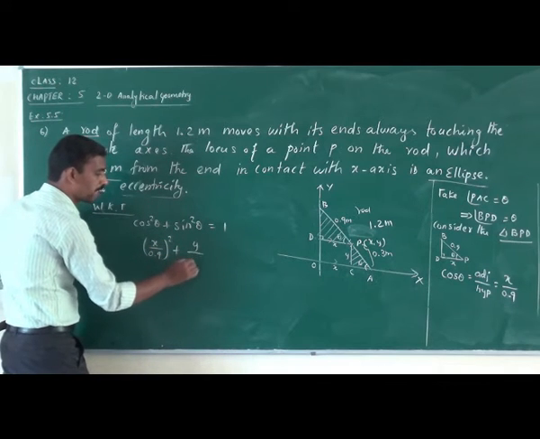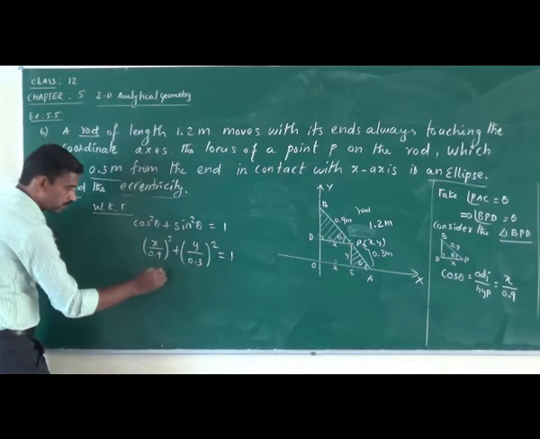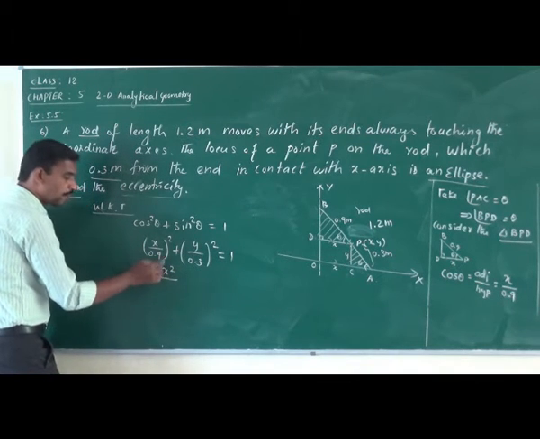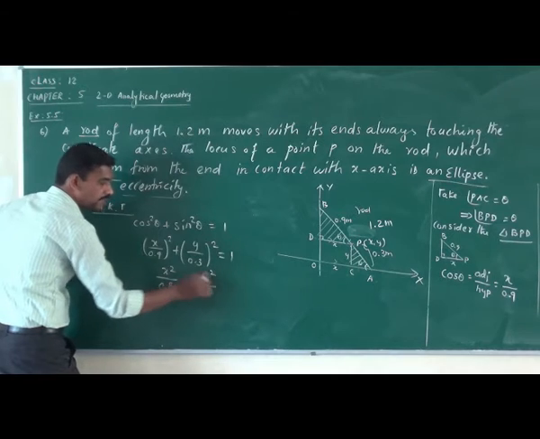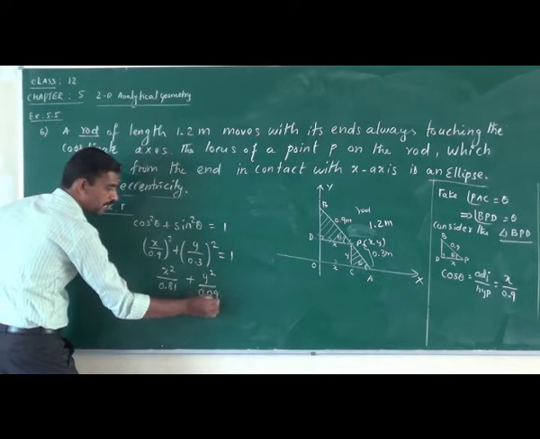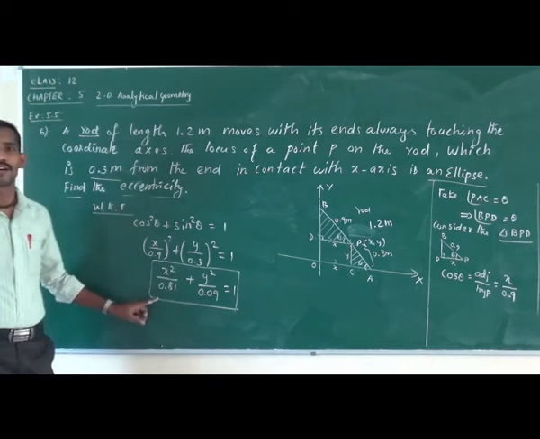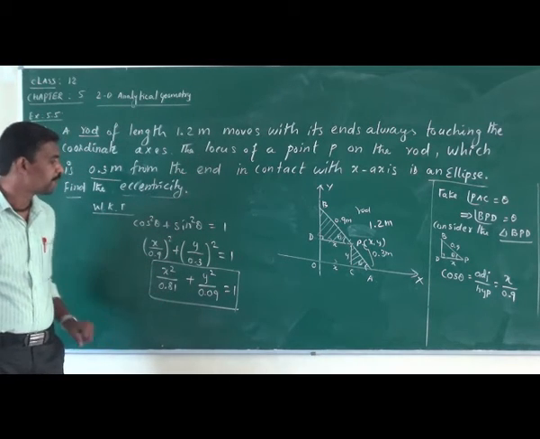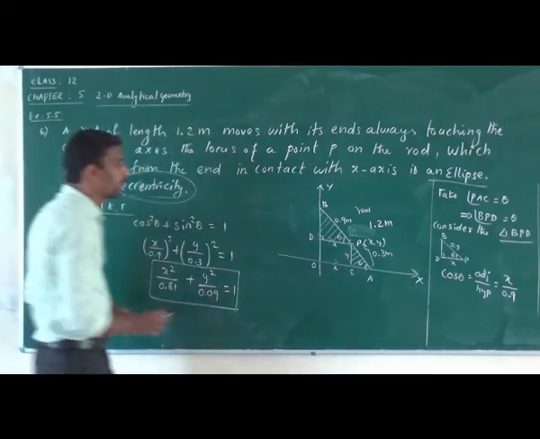Here y divided by 0.3, the whole square, which is equal to 1. So this is x square over 0.81 plus y square over 0.09, which is equal to 1. This is the locus of point P. Now we have to find the eccentricity, right? Okay.